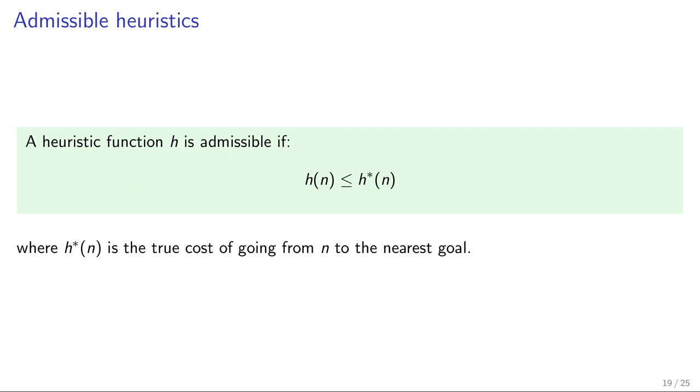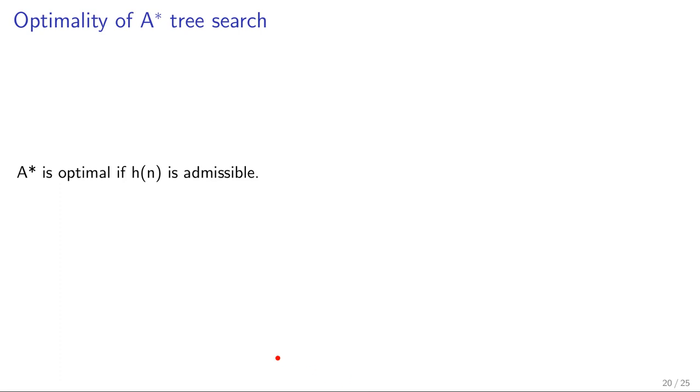So the formal term to express this is that the heuristic is admissible if its value is lower or equal to the actual cost to the goal for every node. Okay, so it's called admissible. And if the heuristic is admissible, then A star is optimal.